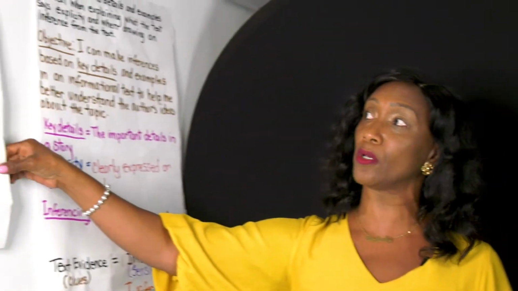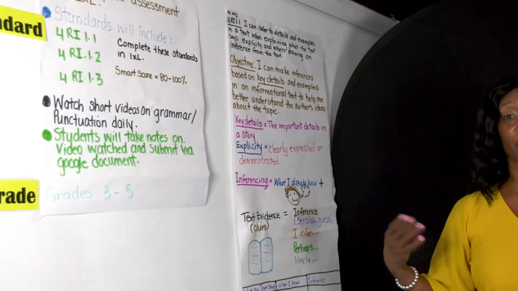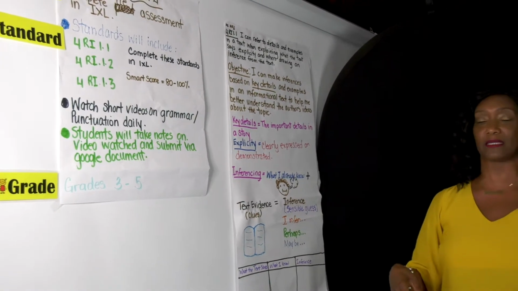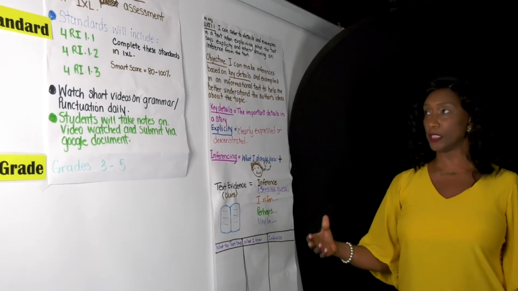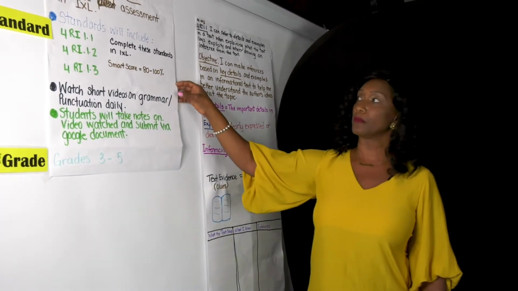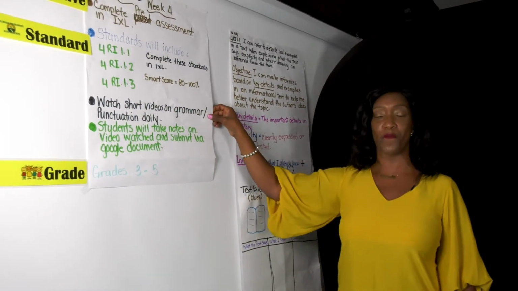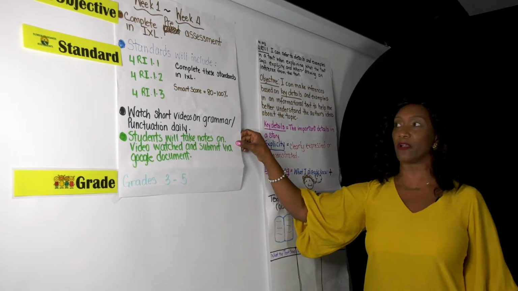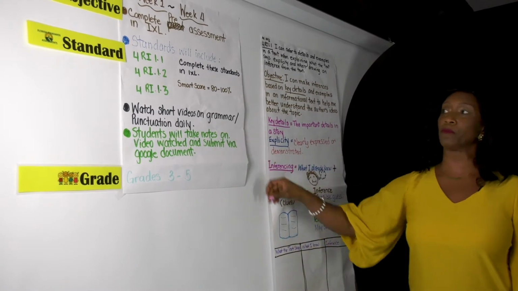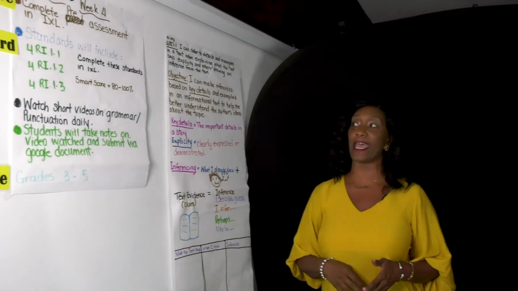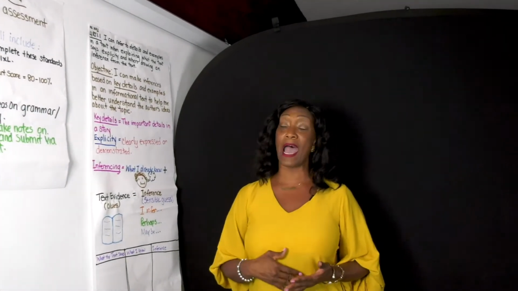Today I want to go over the different weeks with you, as to what we're going to be doing throughout our reading sessions as we go through virtual learning. We're going to be working on IXL, and I know many of you are so familiar with it. The standards we're going to look at are RI 1.1, 1.2, and 1.3.